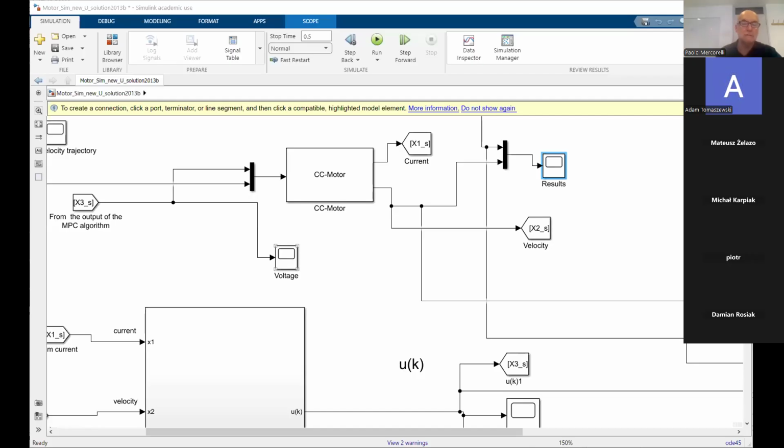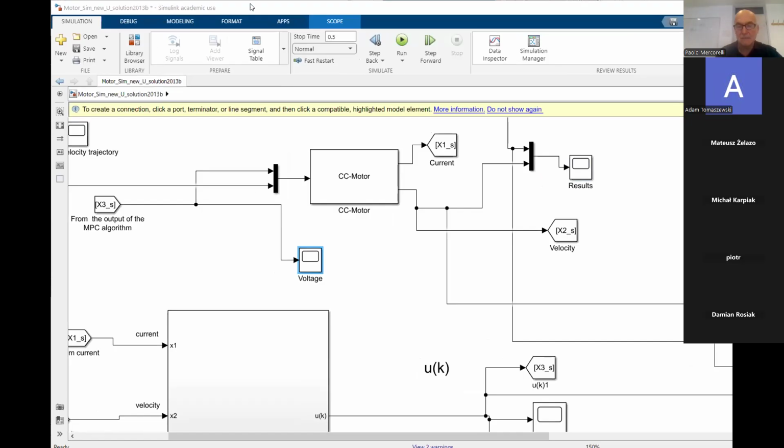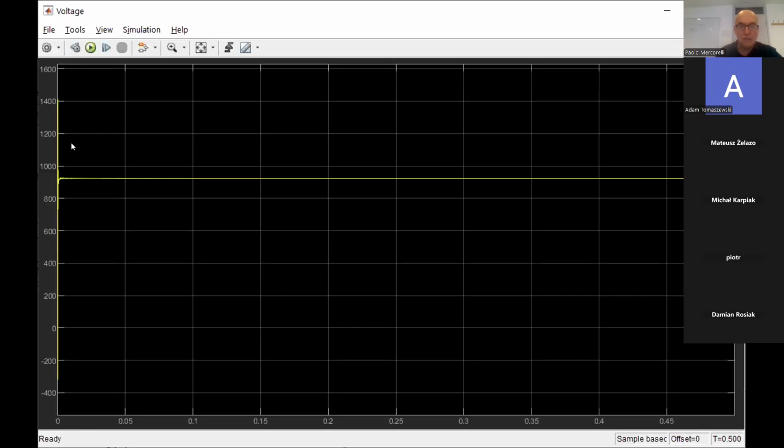Let me show the price. If you look at the input, which is the output of the MPC, we can see the value. 1,400 Newton, excuse me, Joule.